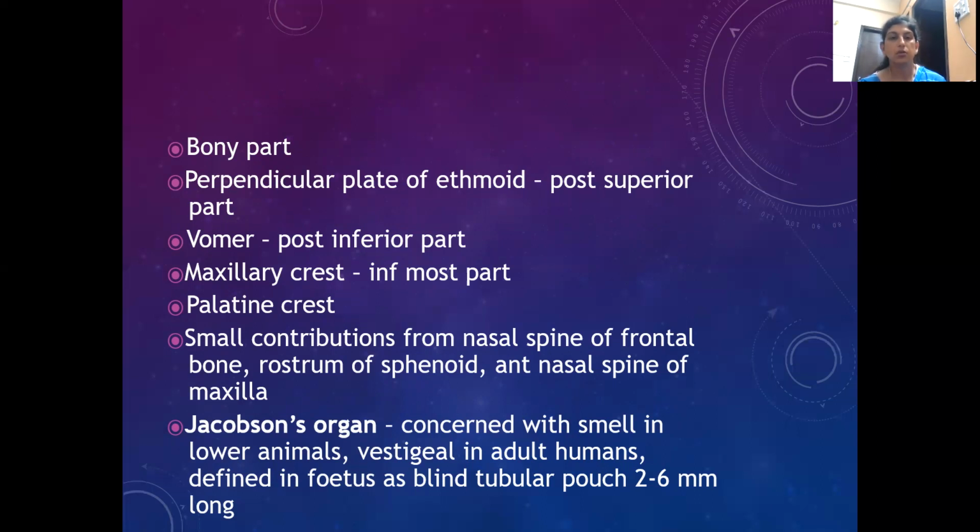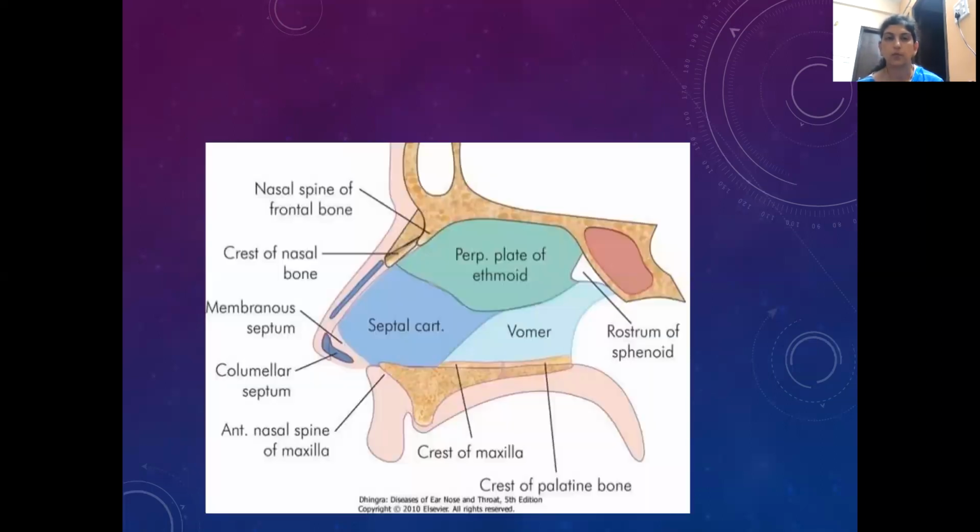There is an organ called Jacobson's organ, which is concerned with smell in lower animals. It is vestigial in human beings. So this is a picture showing the parts of the nasal septum.